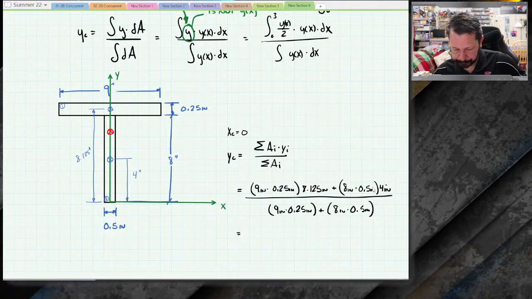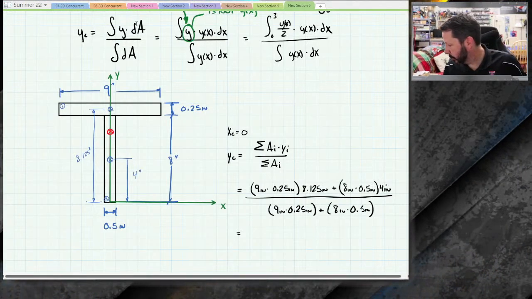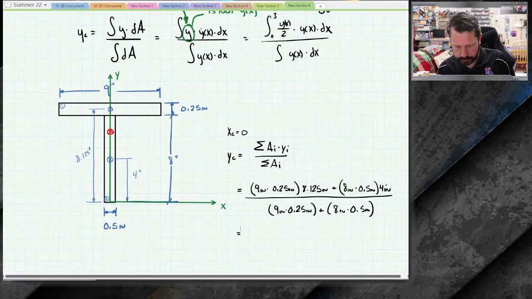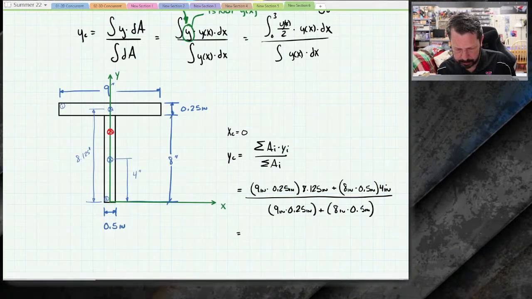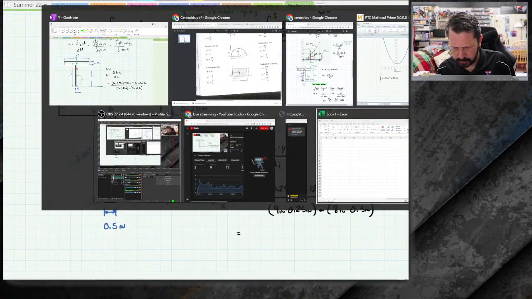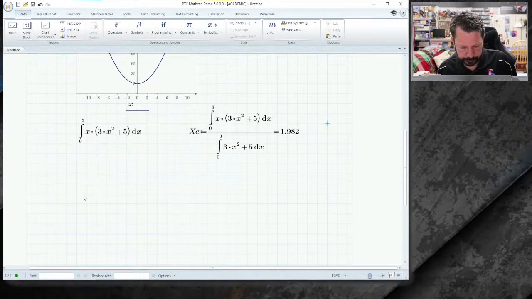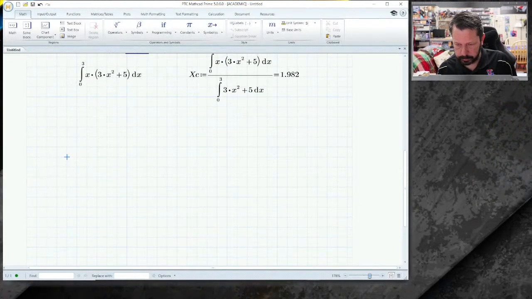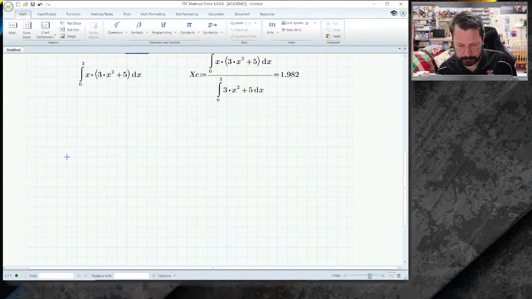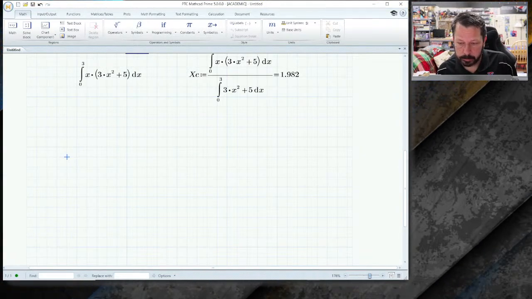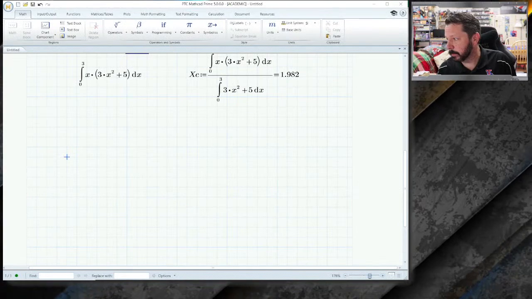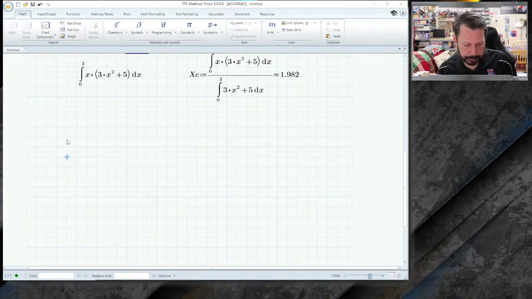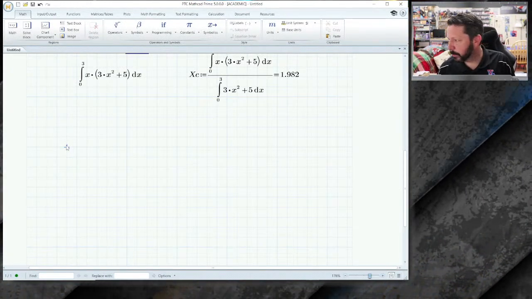I don't have a calculator that's handy right here. So I guess we'll put it in MathCAD. There's MathCAD. All right, so I might have to move this over here so I can look at it and put it in MathCAD. These are all inches.